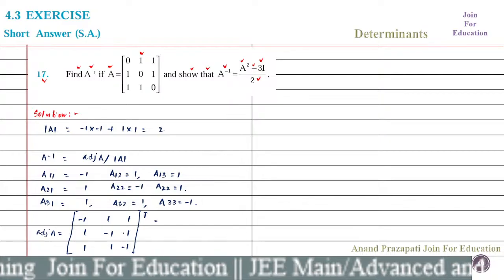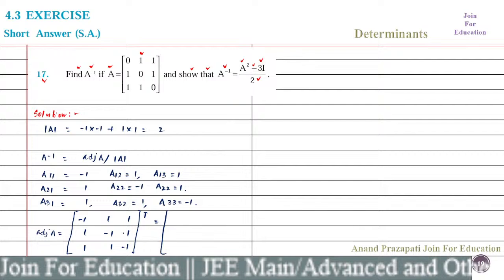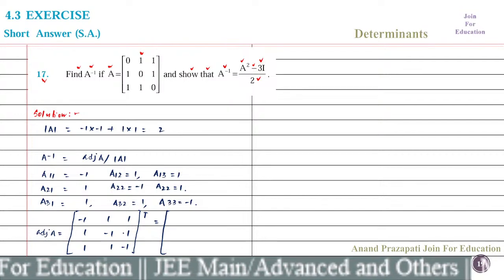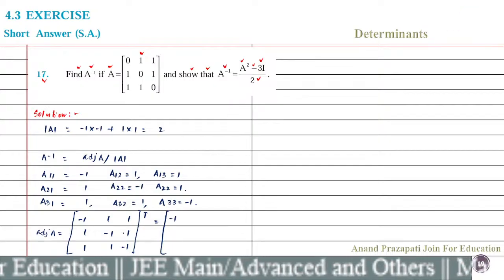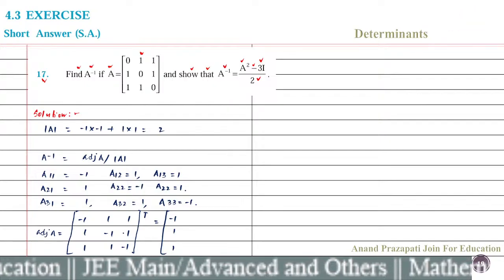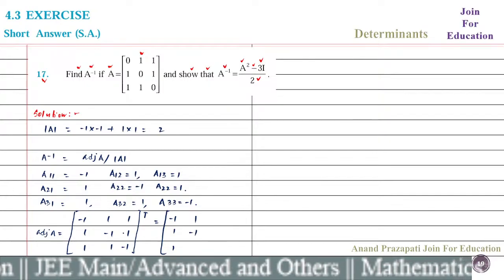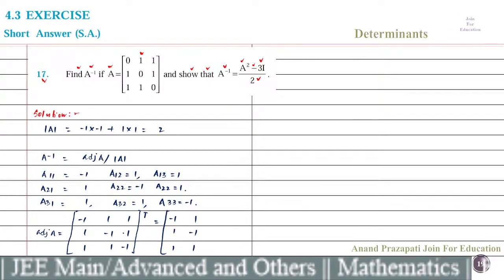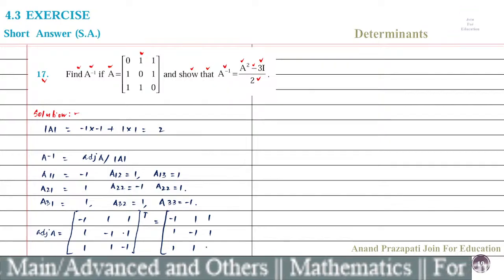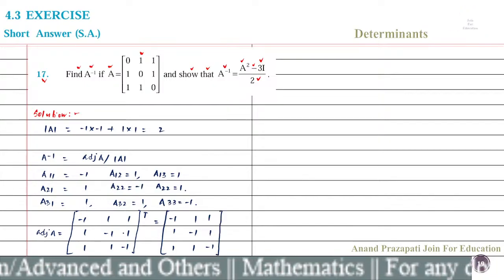Transpose means that first row will be the first column. So we write down here -1, 1, 1 and second row will be the second column, therefore we write down here 1, -1, 1. Third row will be the third column, so we write down here 1, 1, -1. Hope that there is no problem to understand up to this step.